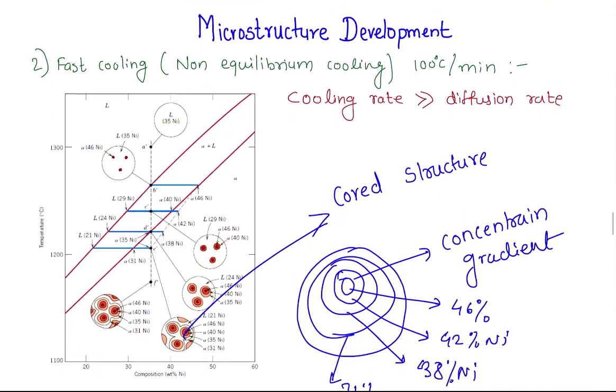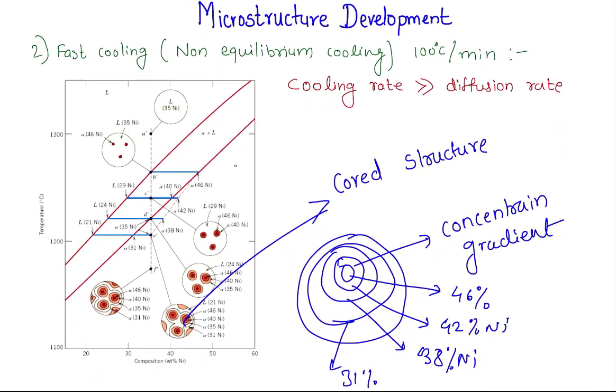In another case, if we cool the sample very fast, that we call non-equilibrium cooling. For example, we cool here at 100 degrees centigrade per minute. So your sample from 1300 degrees Celsius to 1100 degrees Celsius will come in only 2-3 minutes, right?